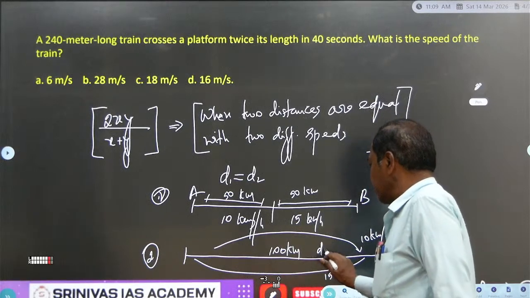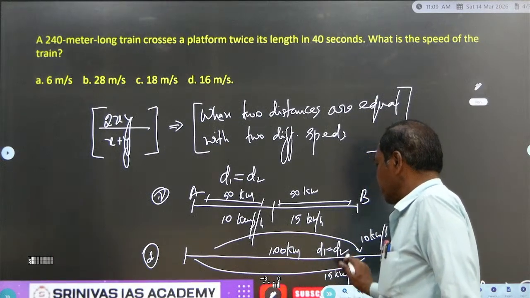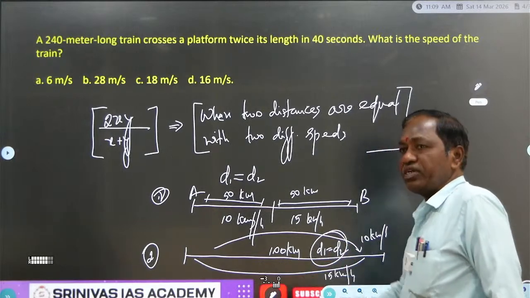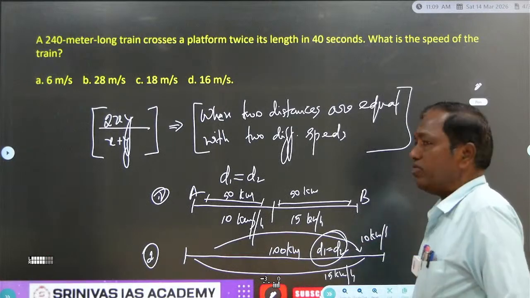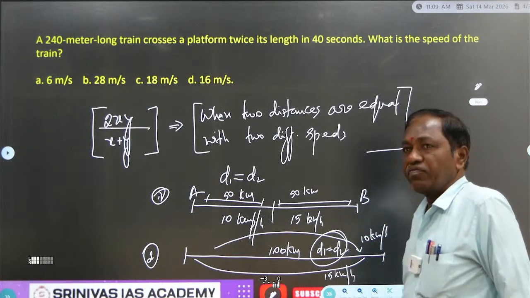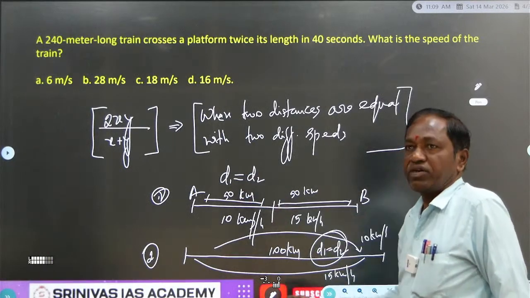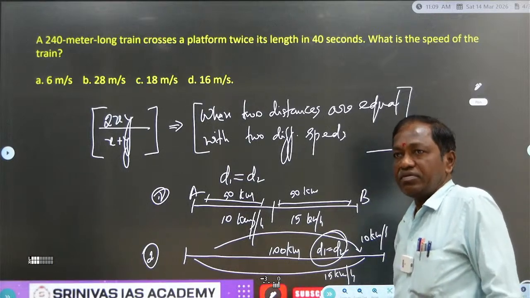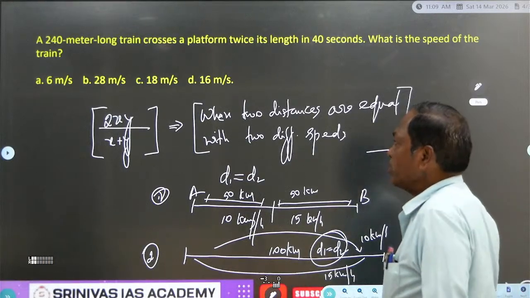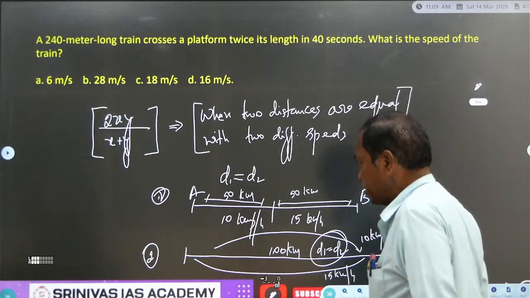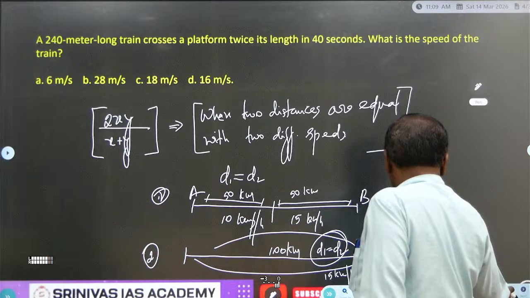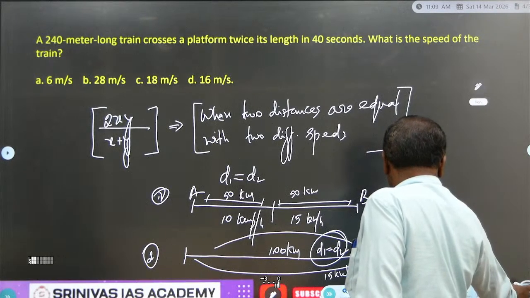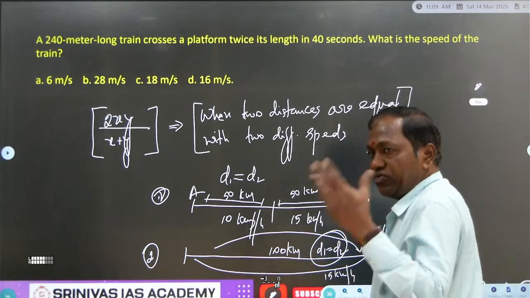Distance 1 is equal to distance 2. So there are two equal distances, going and returning. Going with the speed of 10 km per hour, returning at 15 km per hour, then 2xy by x plus y is applicable. That is the basic structure, a theorem-based thing. That's why we need to note this point forever. Other things we can finish mentally.